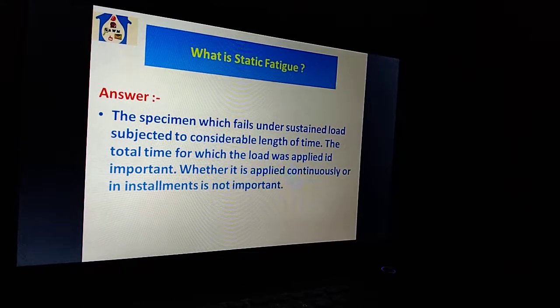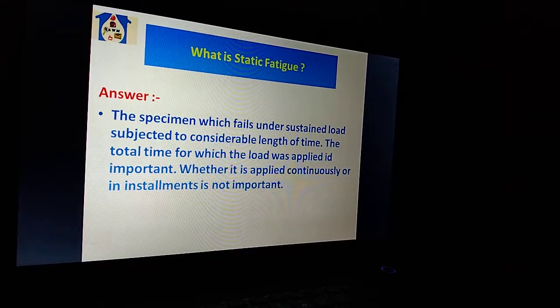What is static fatigue? Answer: the specimen which fails under sustained load applied for a considerable length of time. The total time for which the load was applied is important, whether it is applied continuously or in installments is not important.